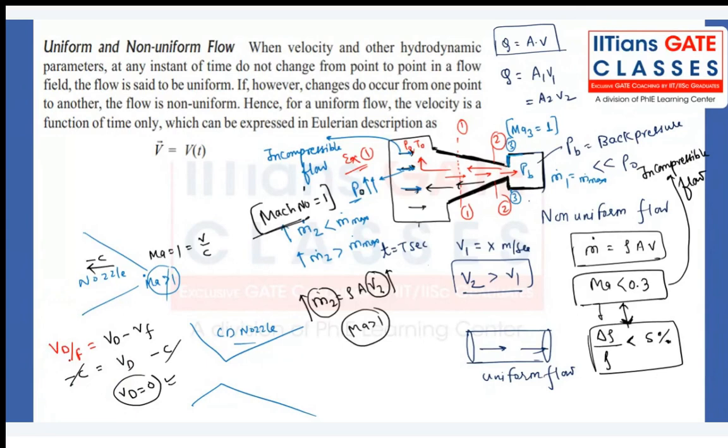It will try to manage in such a way that even if the velocity increases, some other factor will decrease, so that Mach number will still be 1 at the exit of the nozzle. And further, if you think that, sir, I will increase the length of the nozzle from here to here, still the Mach number will be 1. Remember that. So these are very fundamental things which you will come to know in gas dynamics.